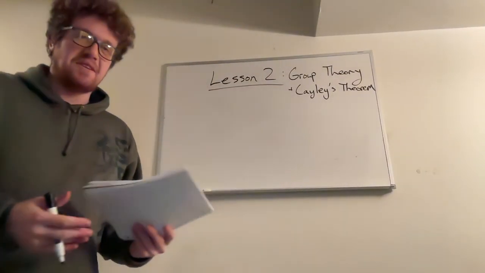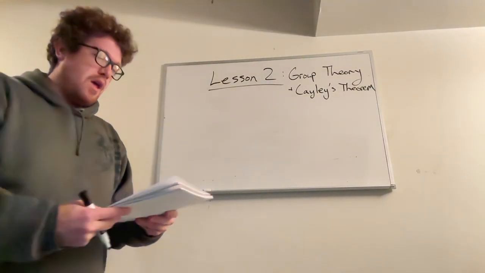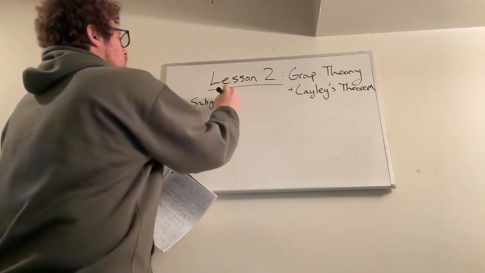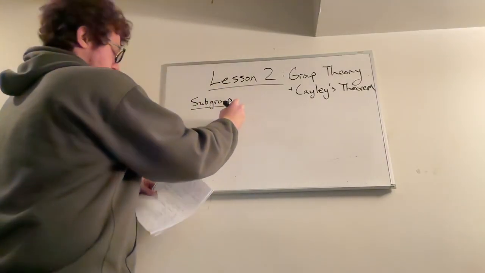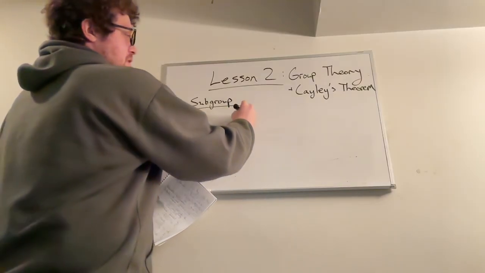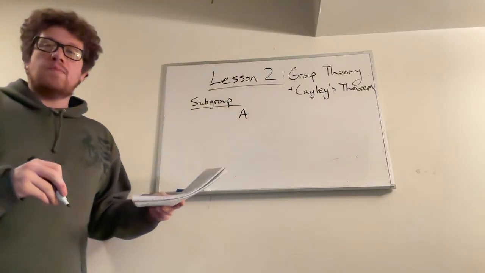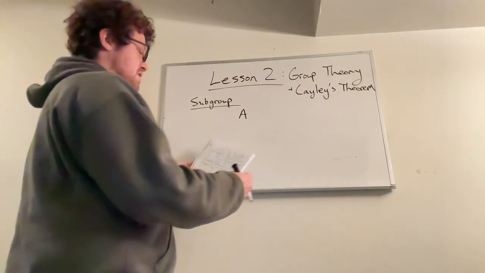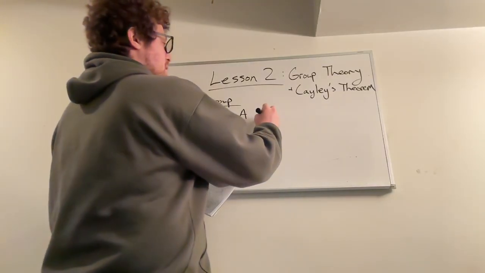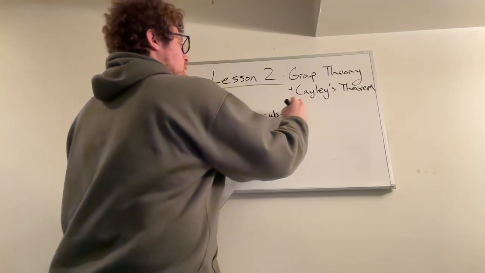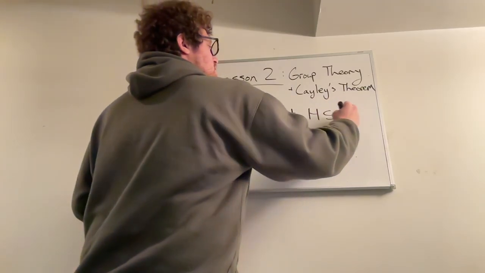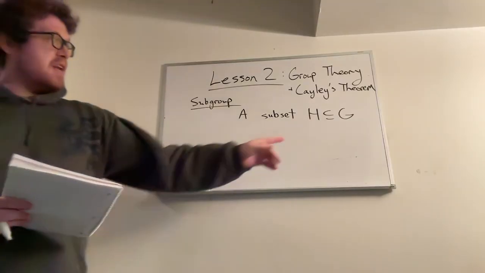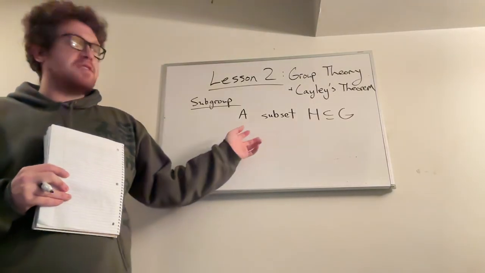Simple in the sense that they're small and easy to write down. So a subgroup of a group is first a subset, and then it also has to be a group. But more precisely, a subset H inside of G. So G is our group, H is some subset. We'll say that H is a subgroup if it has these three properties.